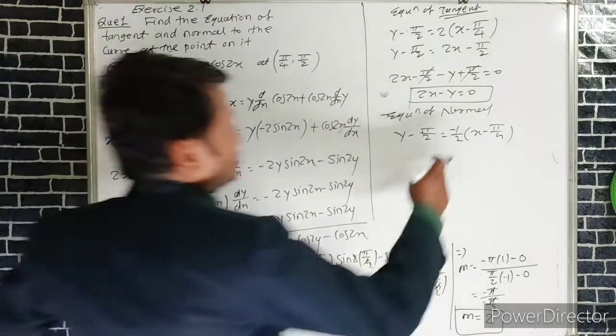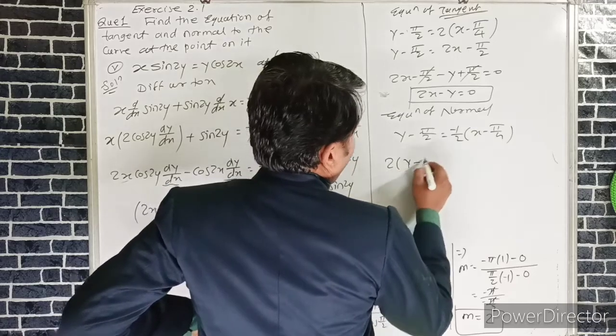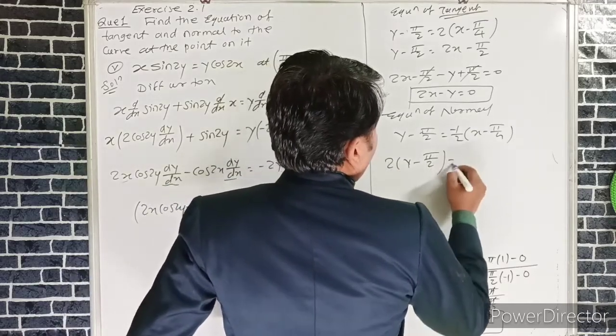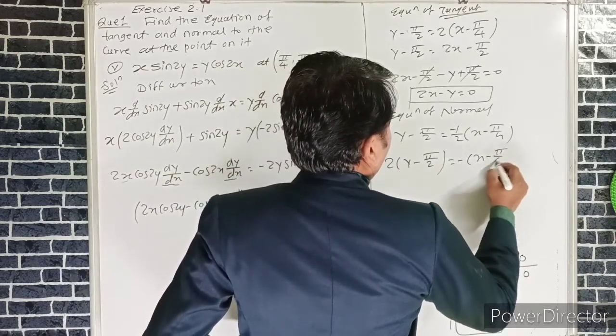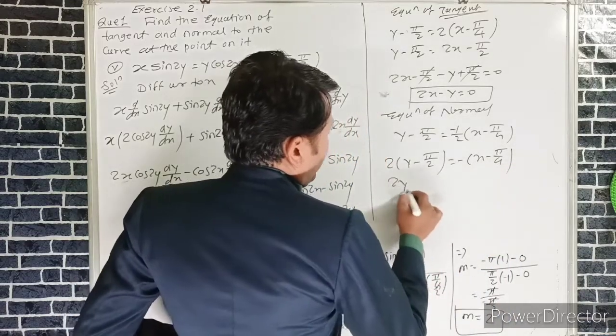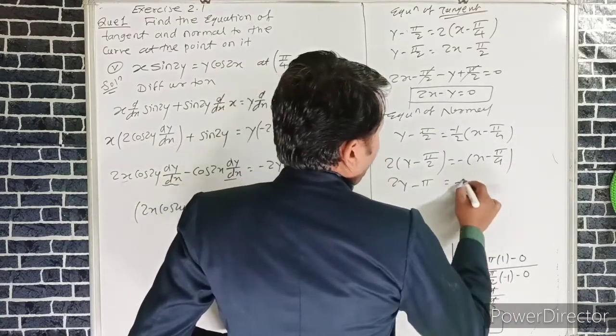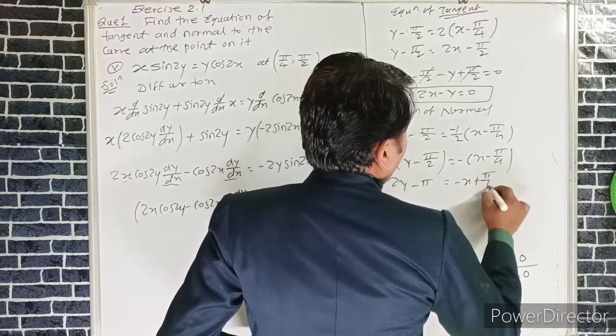If we take this to the left side, 2 into y minus pi by 2 minus x minus pi by 4, we can write 2y minus pi is equal to minus x plus pi by 4.